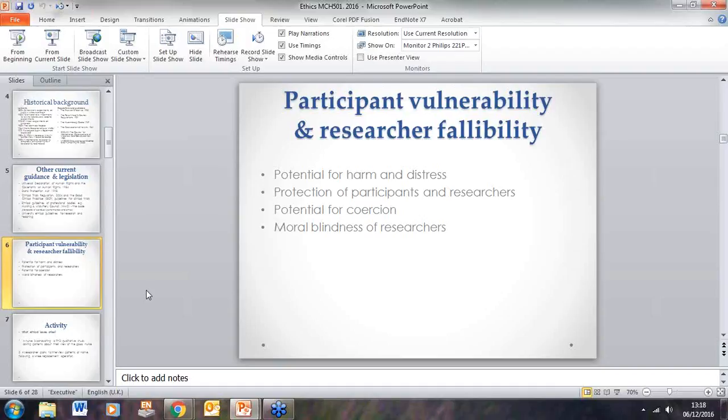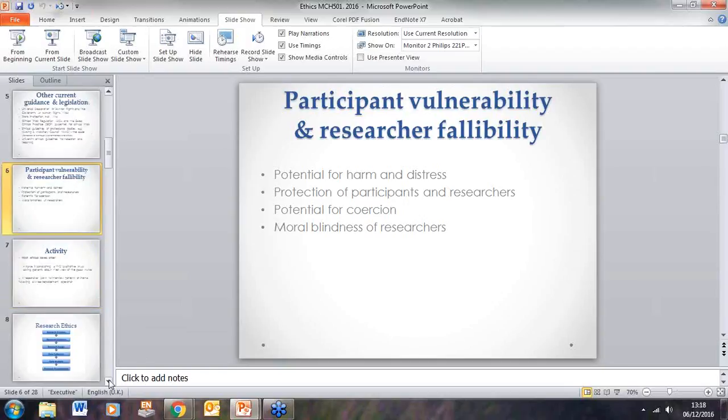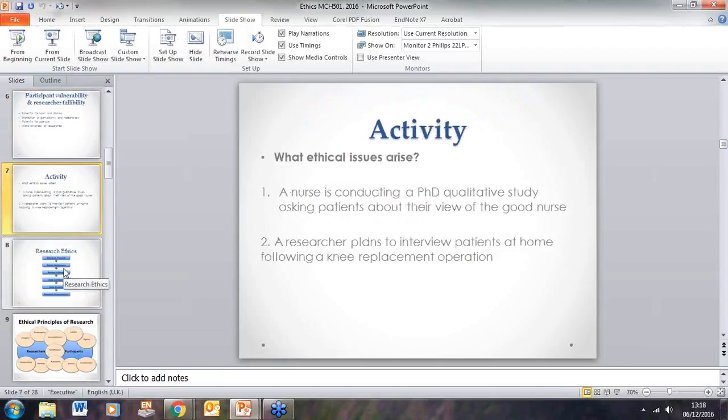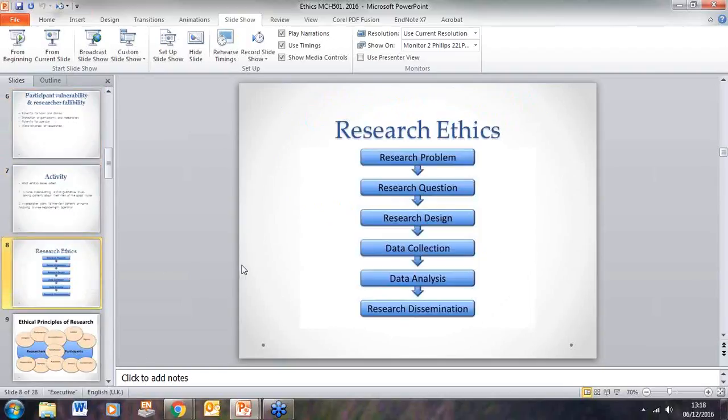And when you're looking at your research, if you're looking at a drug trial or a randomised control trial that's been funded by a particular organisation, is there some coercion or bias that's creeping into this research question? I've said the moral blindness of the researcher, and this might be intentional or unintentional. So I'm going to skip over the activity because you can think about that in your own time.